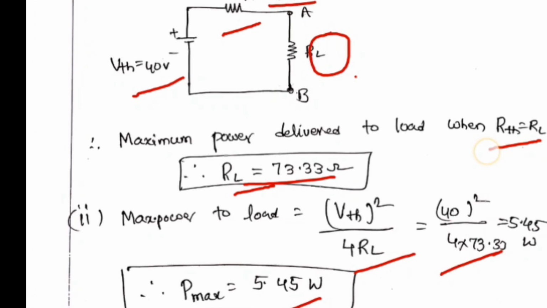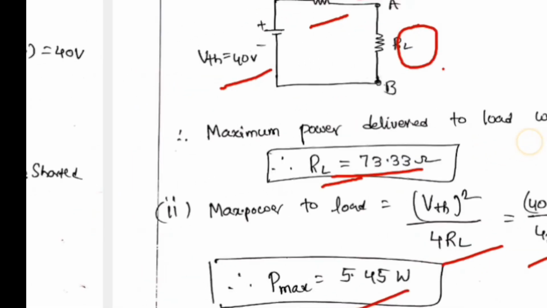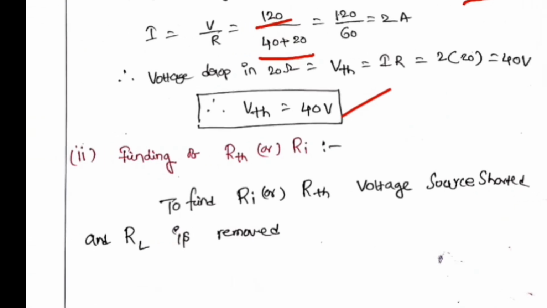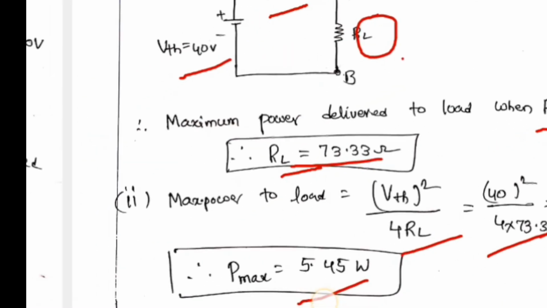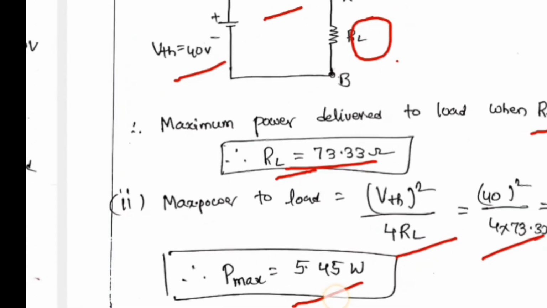According to the maximum power transfer theorem, RL equals RTh or Ri, the internal resistance. Ri is nothing but Thevenin's resistance. We substituted. Now V Thevenin square by 4RL: 40 square by 4 into 73.33 gives 5.45 watts. That is the maximum power.